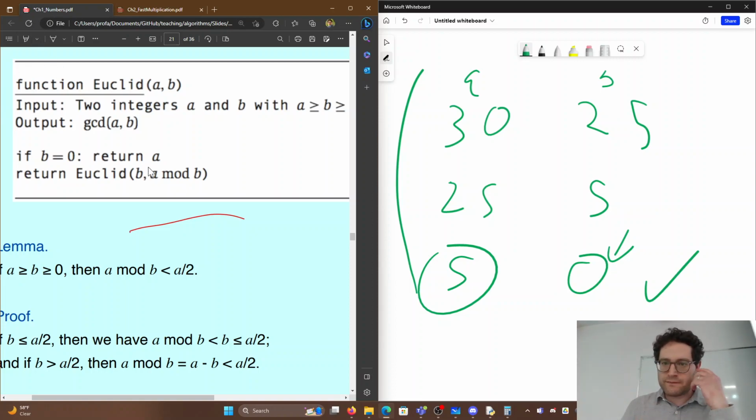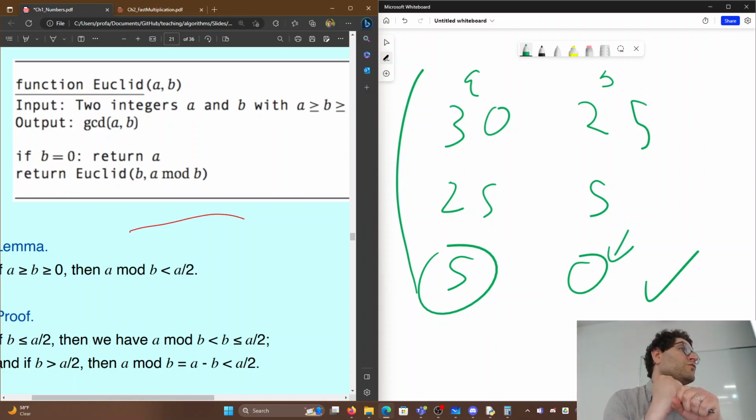So it works. Let's take a look at that runtime for a second. B is our thing that gets modded. We start at 25, and then we get 5, and then we get 0.